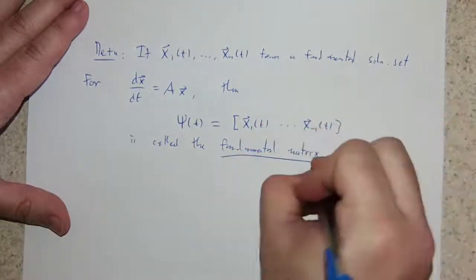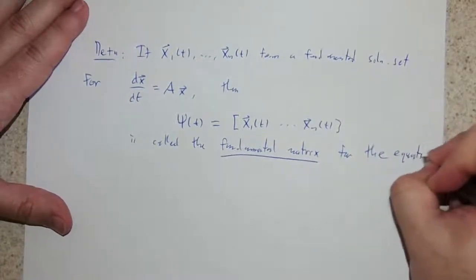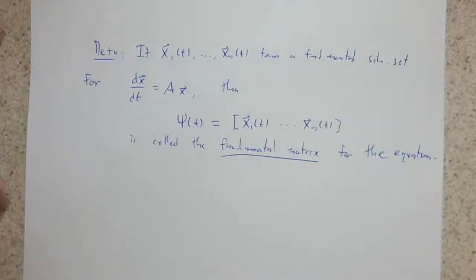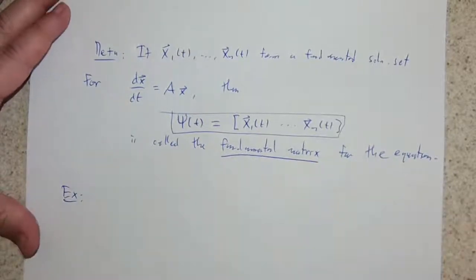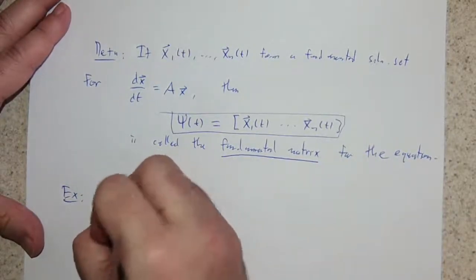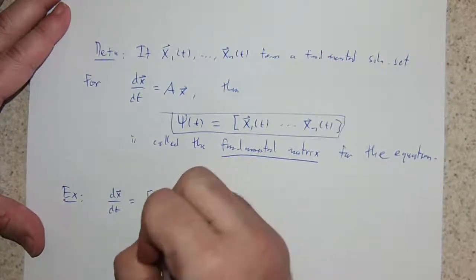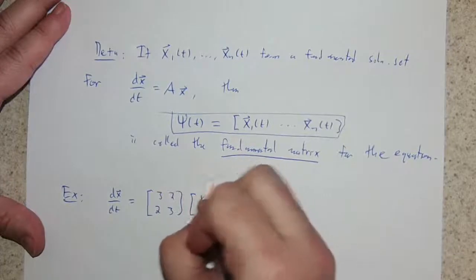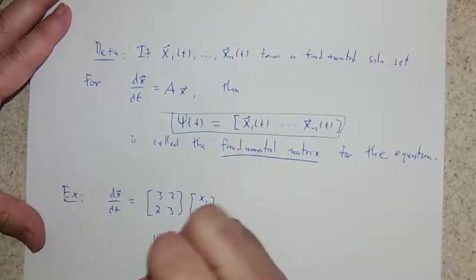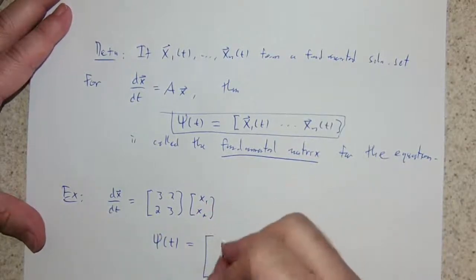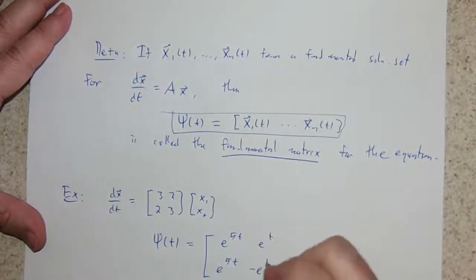So this is the fundamental matrix for this equation. Going back to our example, the fundamental matrix C of t was e to the 5t, e to the 5t in the first column, and e to the t, minus e to the t in the second column.